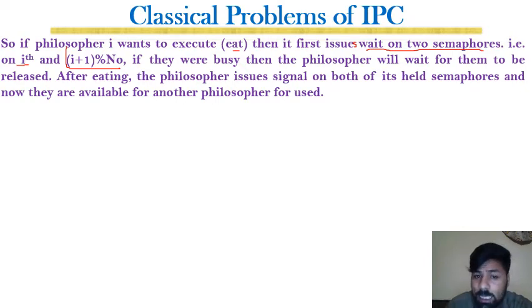If they are busy, the philosopher will wait for them. If both chopstick number I and chopstick number (I plus 1) modulus number of philosophers are busy, the philosopher will wait. And if at least one is busy, then for the other the philosopher will also wait without leaving the previous one that it has already occupied.